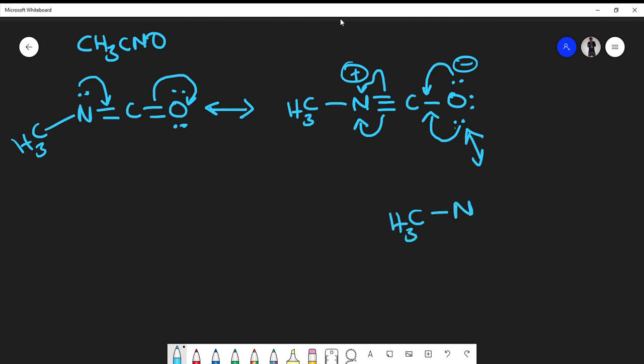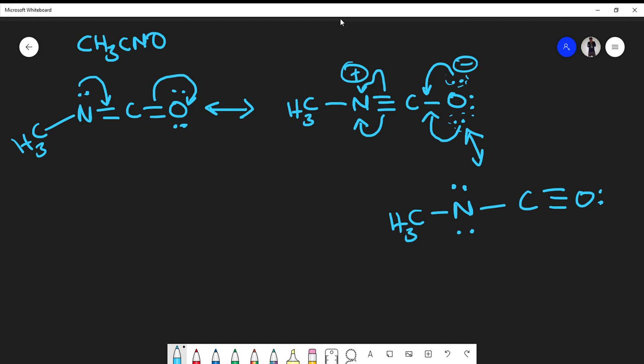I have a single bond to nitrogen, but now I have 2 lone pairs on my nitrogen atom. This becomes a single bond because we've removed the double bond. I have a carbon now that's triple bonded to an oxygen. Now these two lone pairs are gone, so I only have this lone pair on my oxygen.